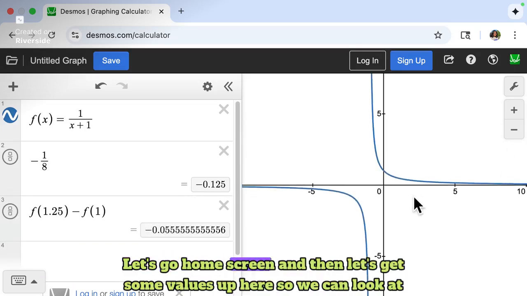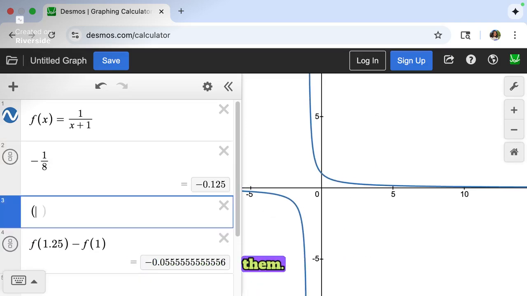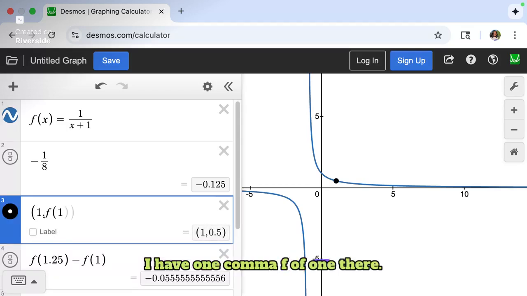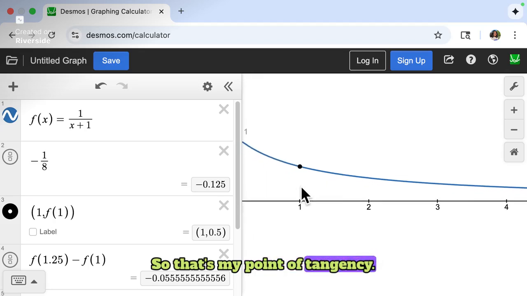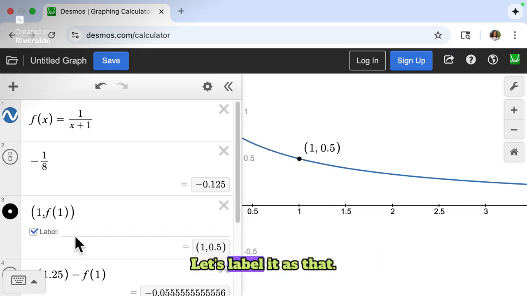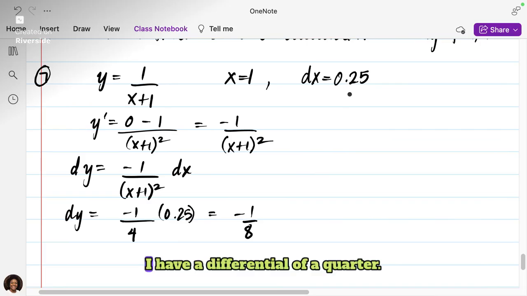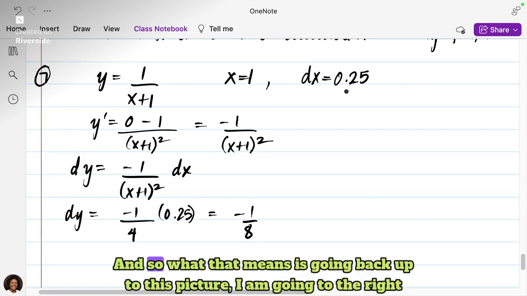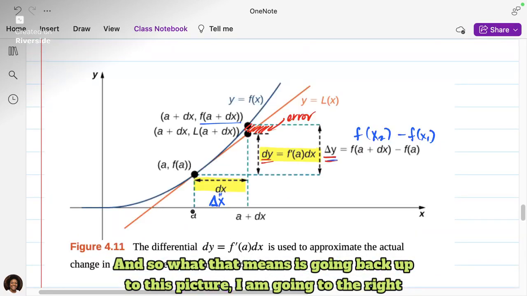Let's go home screen, and then let's get some values up here so we can look at them. I have 1 comma f of 1 there. Right, so that's my point of tangency. Let's label it as that. Then, if we look back at the question, I have a differential of 1/4. And so what that means is, going back up to this picture, I am going to the right 0.25.